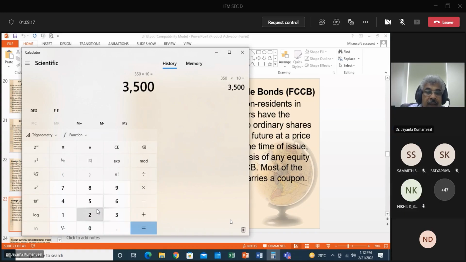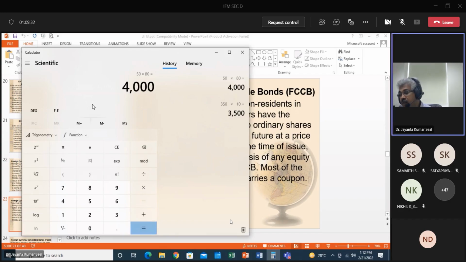But at that time, the exchange rate is suppose 80 rupees, and investors will get back $50. So what is the price? 50 into 80, 4,000. Will you be interested? If you are an investor, you will get back $50. If you convert that into Indian rupee, the total is becoming 4,000.